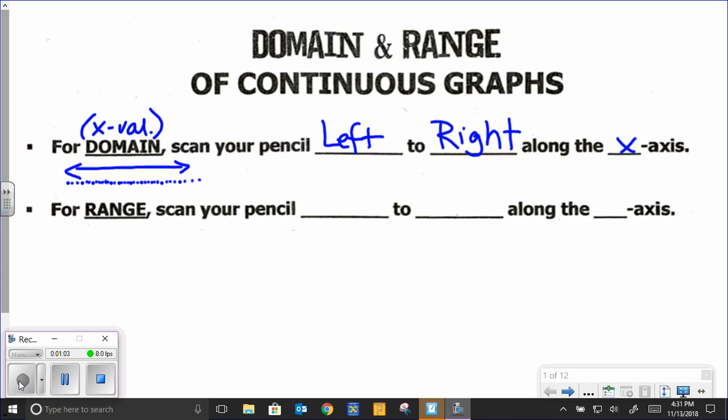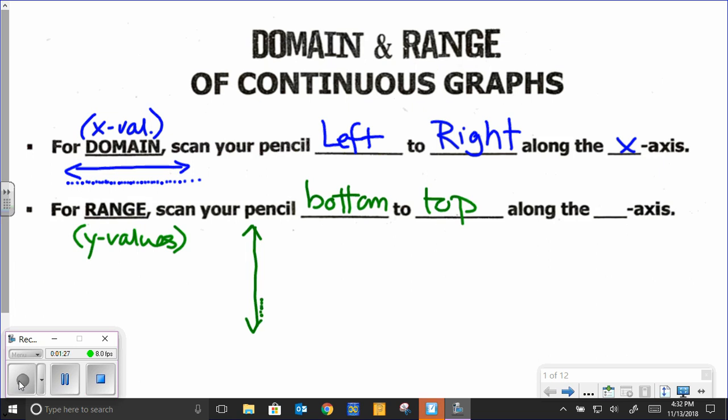For range, I'm looking for my y values. These are all the y values. And again, I'm going to scan my paper. This time I'm going to go from bottom to top. If I was using a y-axis like so, as I go from bottom to top, I'm going from my smallest number up to my largest.